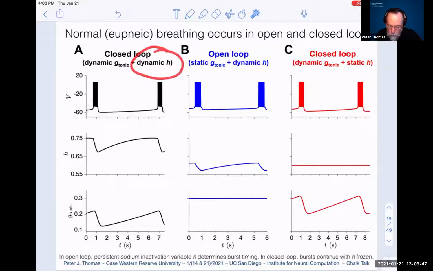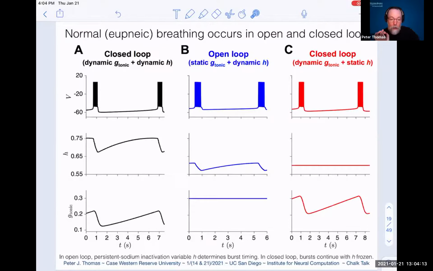The H gate, the persistent sodium gate, is also dynamically varying as part of the model. The reason I'm interested in the H gate is because the slow time scale of the persistent sodium current gate is what sets the timing of the breathing rhythm in the isolated system.